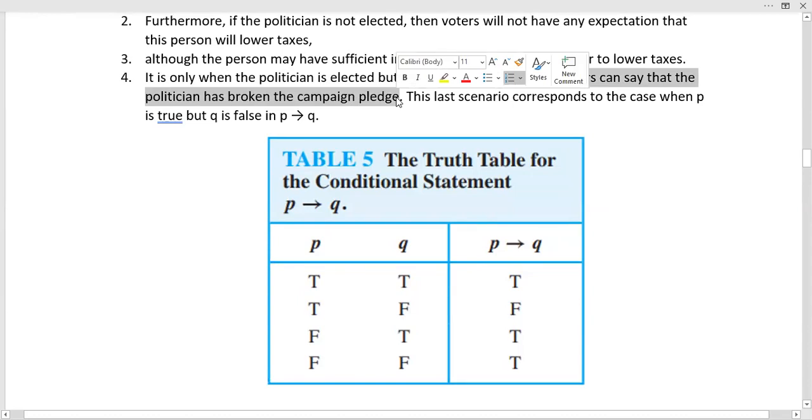Yes or no? Yes, sir. Suppose he is elected, but he has not implemented his offers.